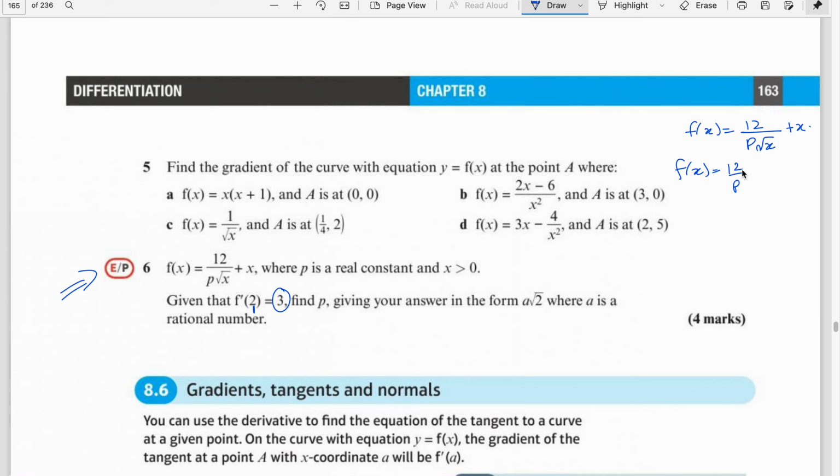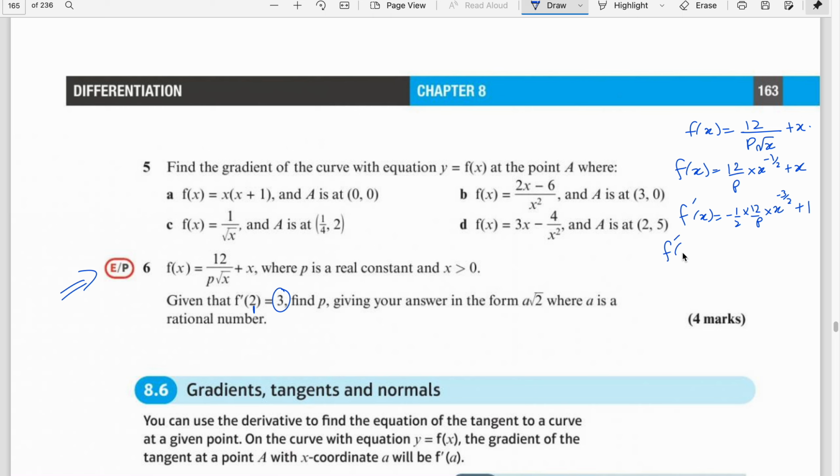So f dash of x is equal to, I'm going to multiply with the power negative 1 by 2 times 12 by p times x raised to the power, we reduce 1, this is negative 3 by 2, and differentiation of x alone is 1.